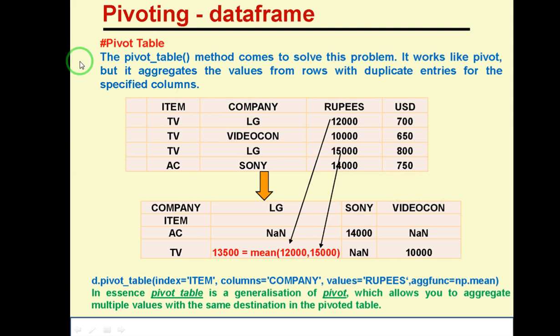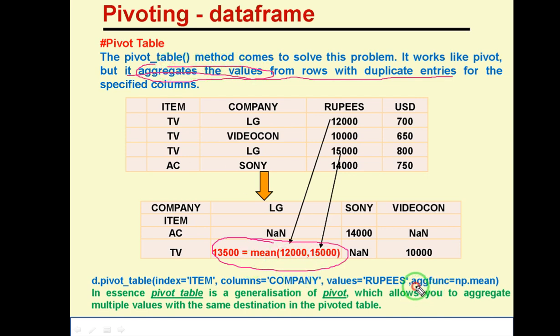It works like pivot, but it aggregates the values from rows with duplicate entries for the specified column. So at a particular cell in a particular column, if multiple values are coming, it will use an aggregate function on those values.